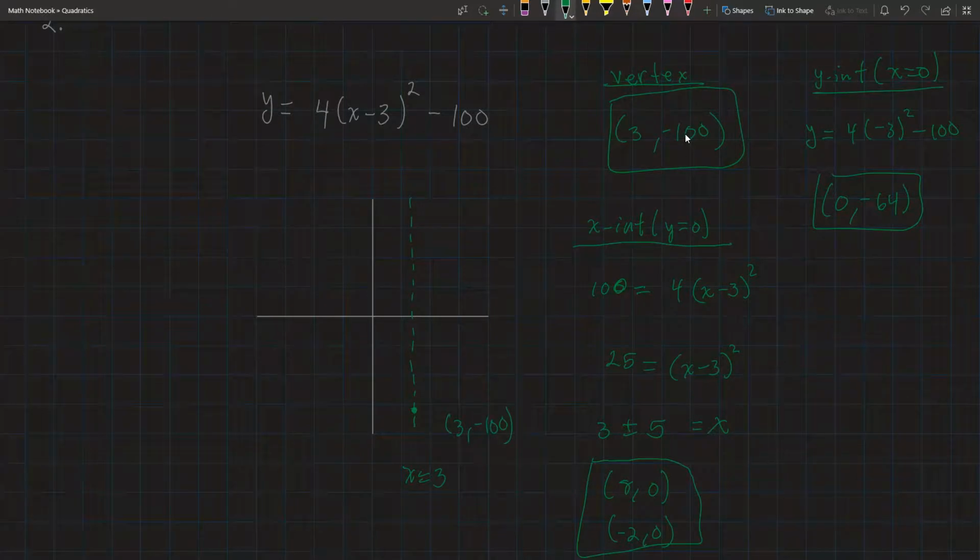And then we have 5 units to the right of 3. It's going to give us an 8 comma 0. And 5 units to the left of 3 is going to give us a negative 2, 0. And like I said, it's gonna make some nice parabola. It's just connecting these dots now and putting the pieces of the puzzle together as we've done many times before.